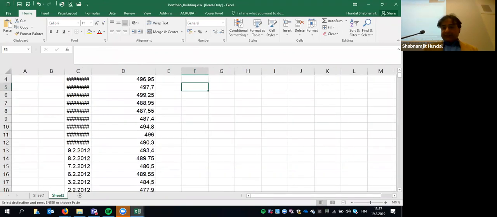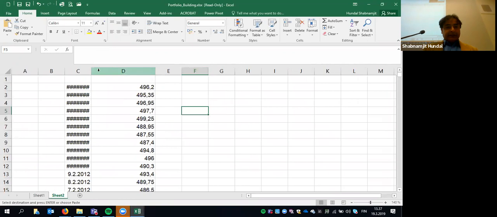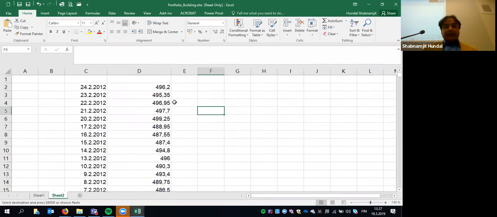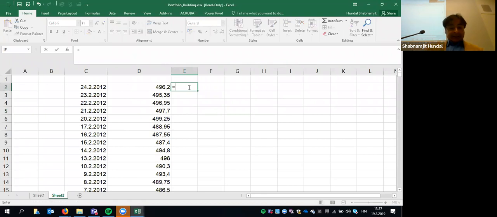I just want to discuss a technique so that you don't have to do the calculation cell by cell. There can be many ways to do it. The way I do it is I say equal to, bracket starts, the current price minus the previous price, divide by the previous price.